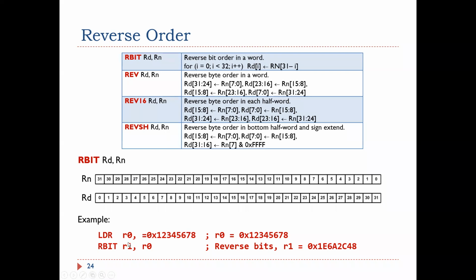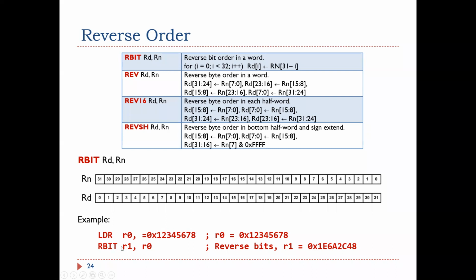Because it's in a hex representation, it might not be so easy to understand here, because you're doing the reversal bitwise, but if you run this operation, you'll see exactly the same value here. So let's assume that we are storing R0 equal to hex 12345678.